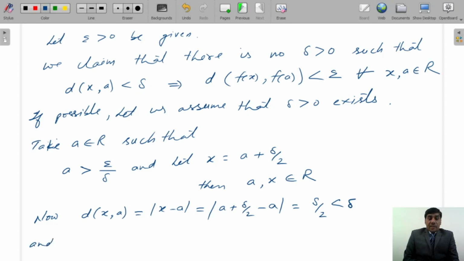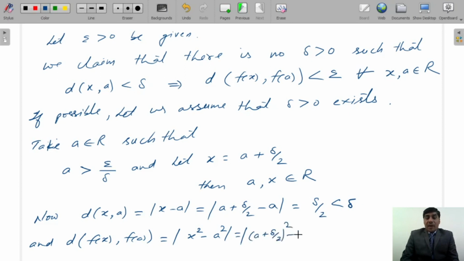And distance between f of x and f of A is equal to modulus of x square minus A square, which is equal to modulus of (A plus delta by 2) square minus A square.